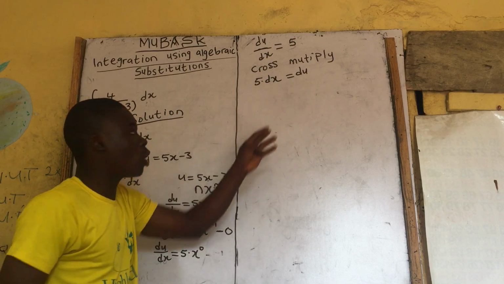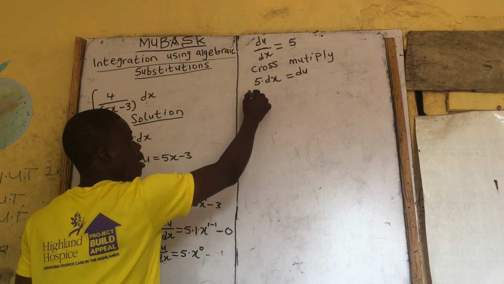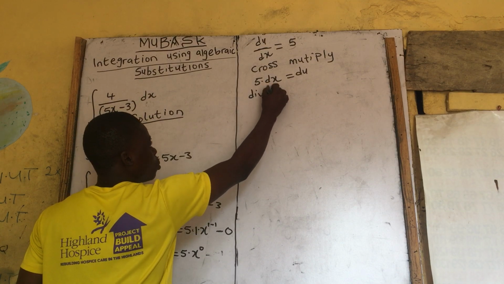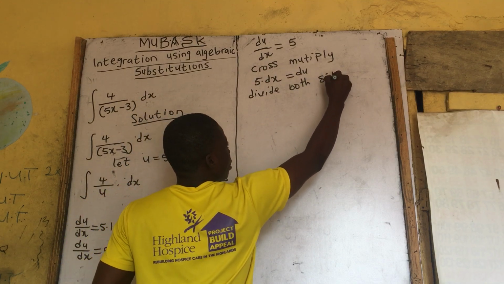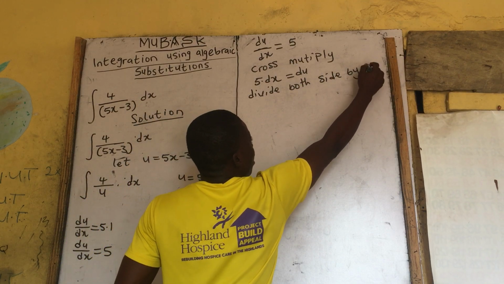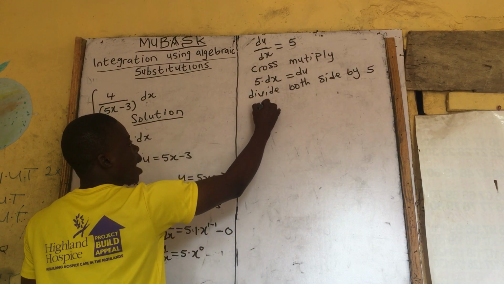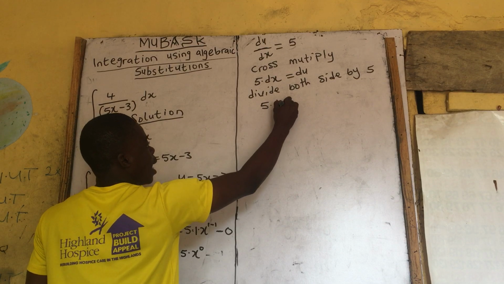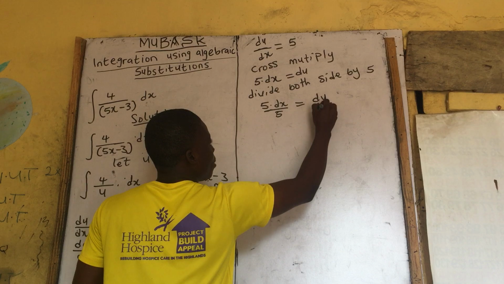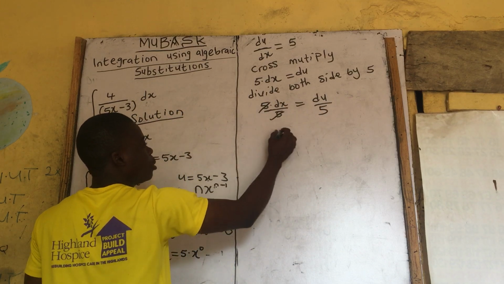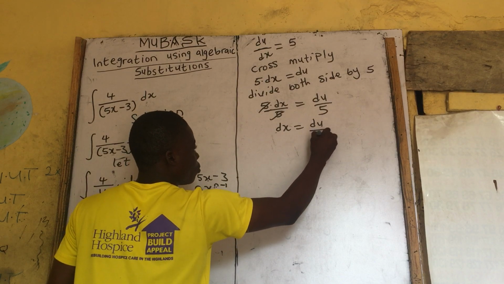But we are looking for dx, so we divide both sides by 5. 5 dx divided by 5 equals du divided by 5. 5 cancels 5, and we remain with dx equals du all over 5.